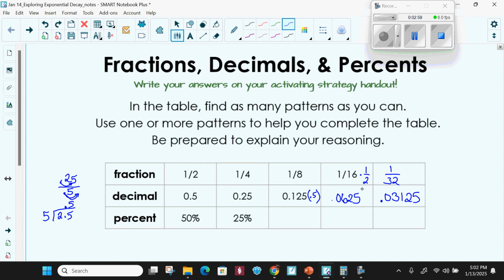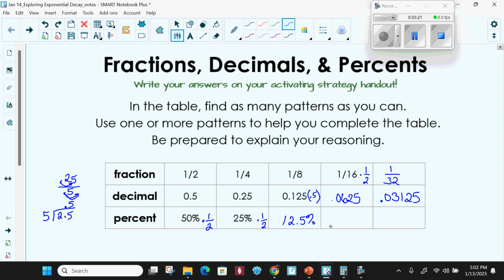Here we multiply by 1/2. Now here you've got 50% and it goes to 25%. So you're again multiplying by 1/2 each time. So if we take 25 and we multiply by 1/2, that's the same thing as dividing by 2. That gives us 12.5%.